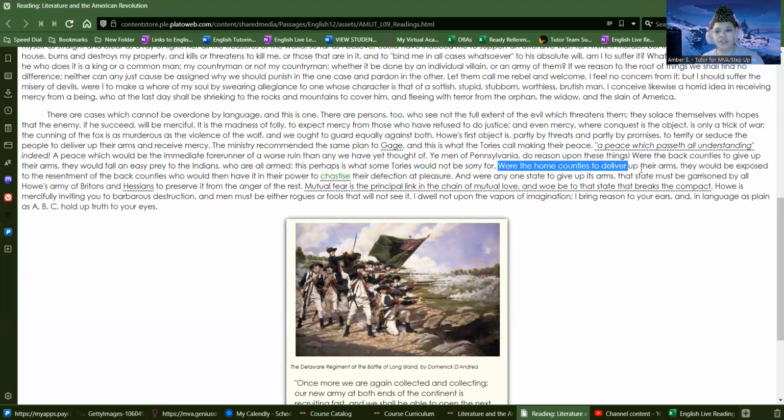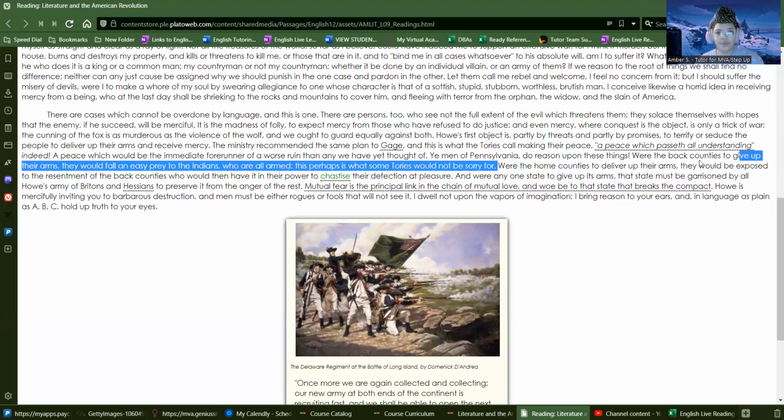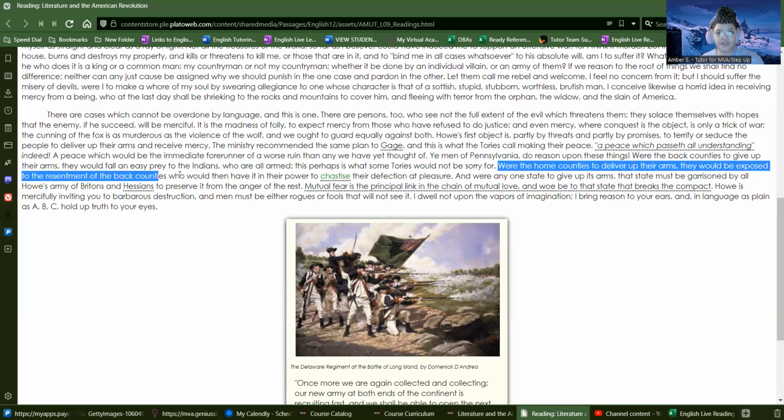Were the home counties to deliver up their arms, they would be exposed to the resentment of the back counties, who would have it in their power to chastise, so inflict punishment, their defection at pleasure. So pretty much, he's also adding here that if the counties give up their weapons, they might also end up fighting with the people next to them who are still trying to fight the British.